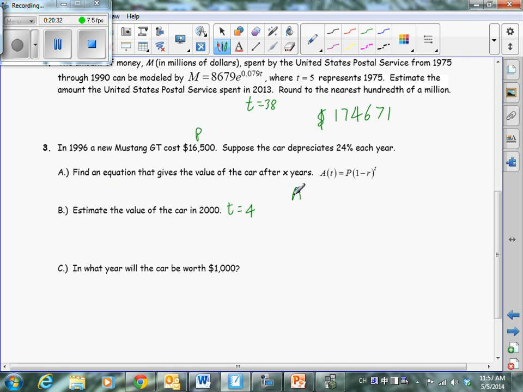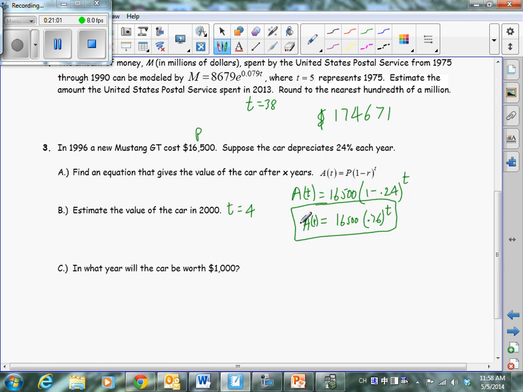So I will say S of T is equal to P, which is 16,500. Inside the parenthesis, I will have 1 minus 0.24 T, which can be simplified to 16,500 times 1 minus 0.24 is 0.76 to the T. This equation is what you were looking for in A.